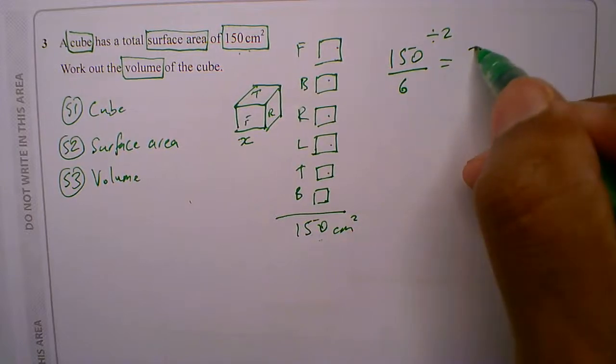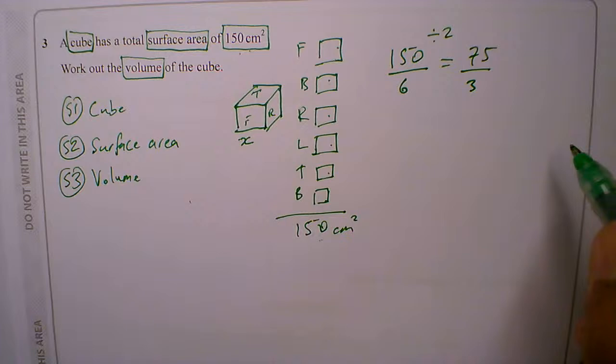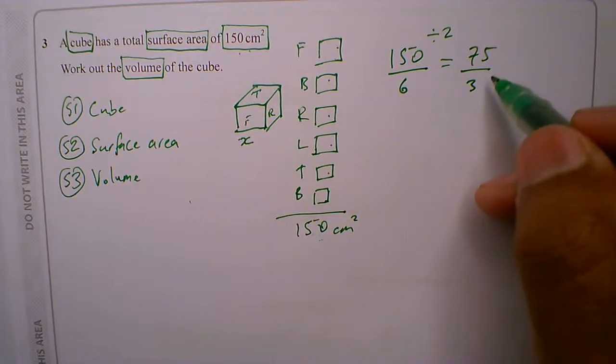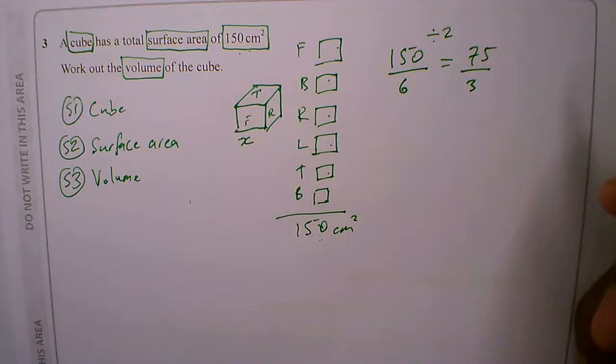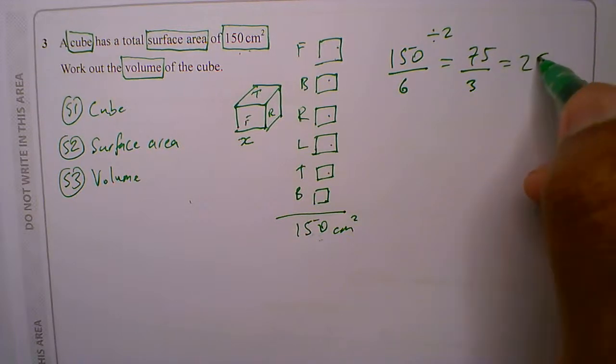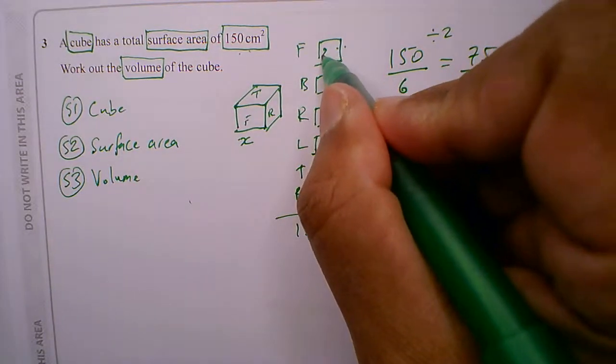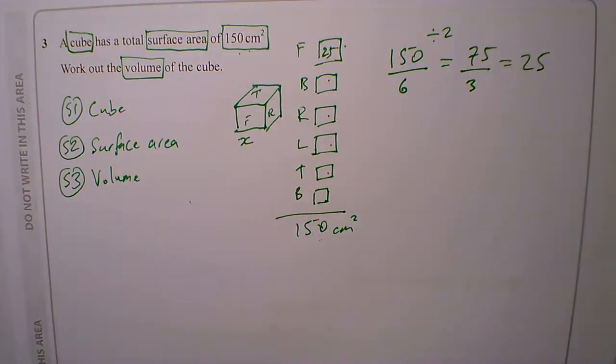Half of 150 is 75, half of 6 is 3. Now 75 divided by 3: how many times does 3 go into 75? 25 times 3 gives me 75. So each of these faces is 25 centimeters squared.